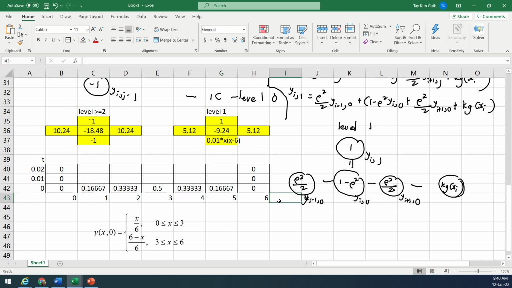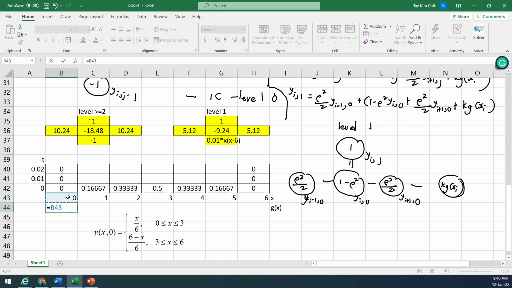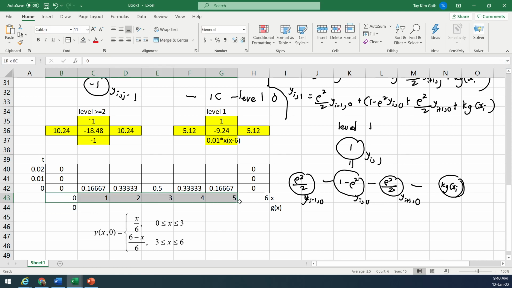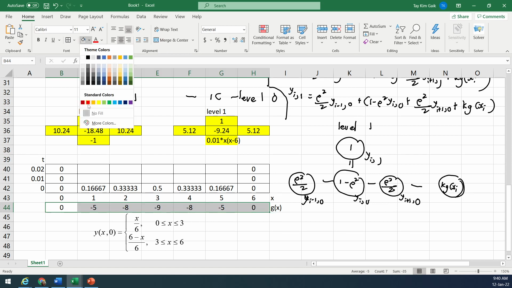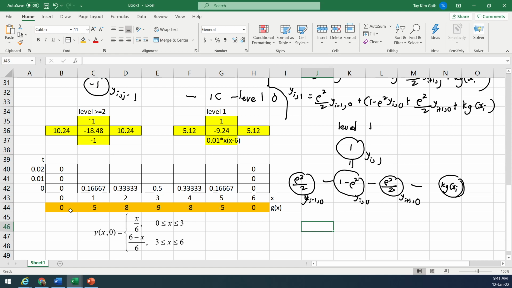You want to calculate g(x) here. g(x) is x multiplied by x minus 6. I calculate the g(x) below the x-axis. This is x, then this value is g(x). g(x) is in orange color. Calculate g(x) below the x-axis.